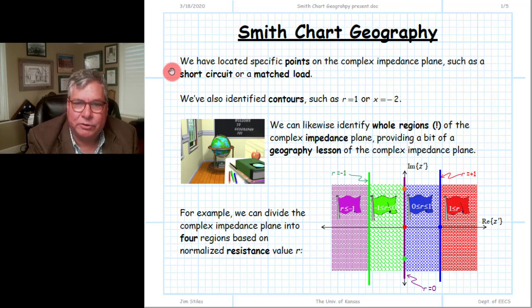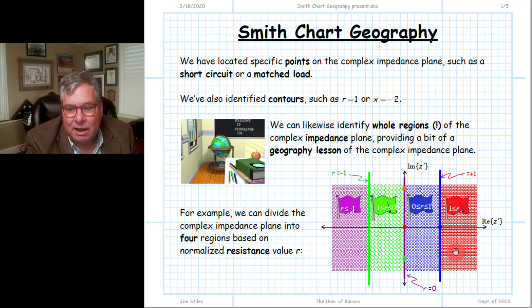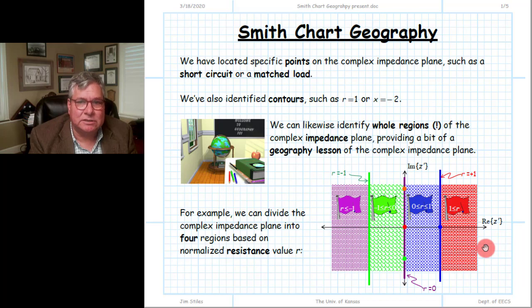So the first way we're going to do this is divide up our complex normalized plane in terms of resistance, the real part of the impedance.